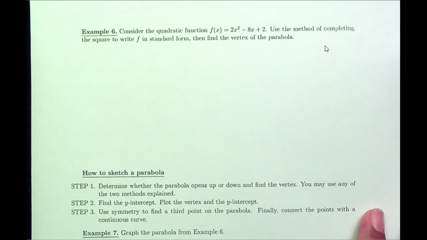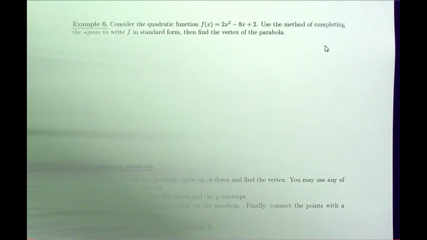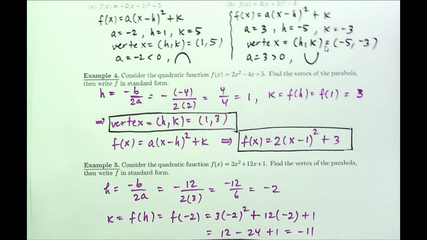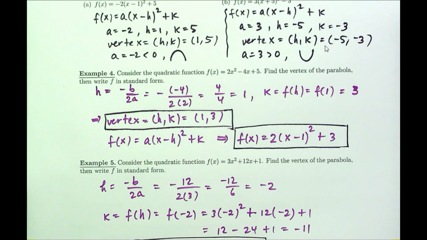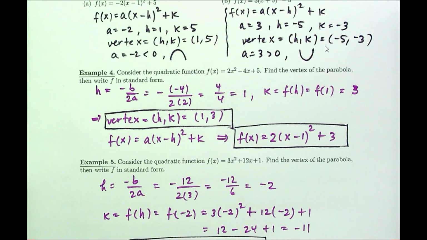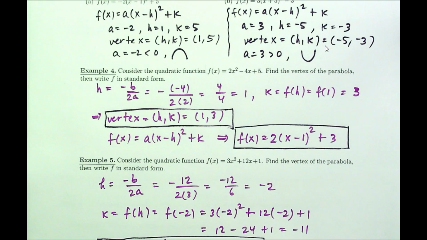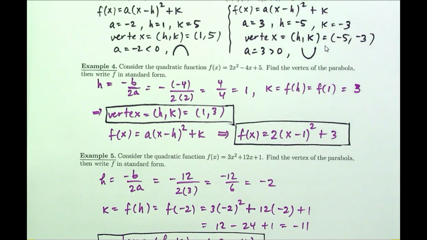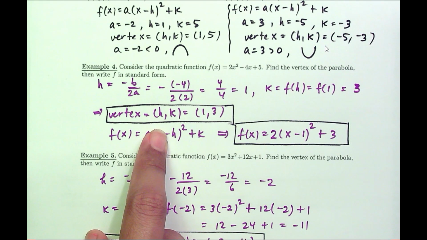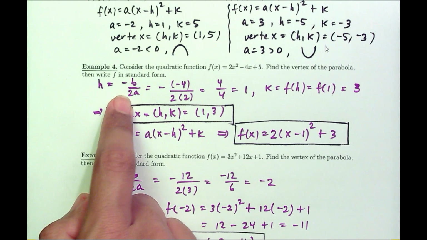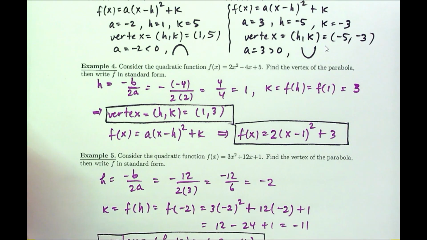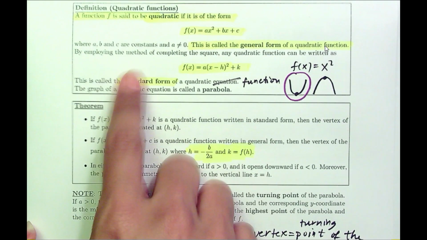Now I'm going to do one example where I do it using the method of completing the square. If you are happy with the way we did it in examples 4 and 5, then you can stick with that. There's no need to learn how to do it both ways if you're happy with one. But one just means that you normally have to know this formula. However, the formula comes from completing the square.